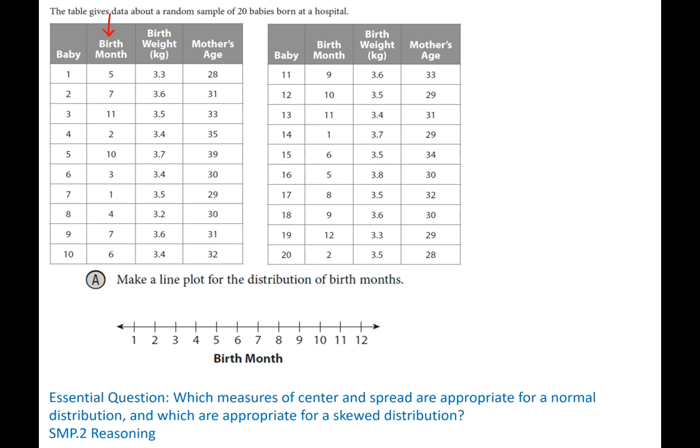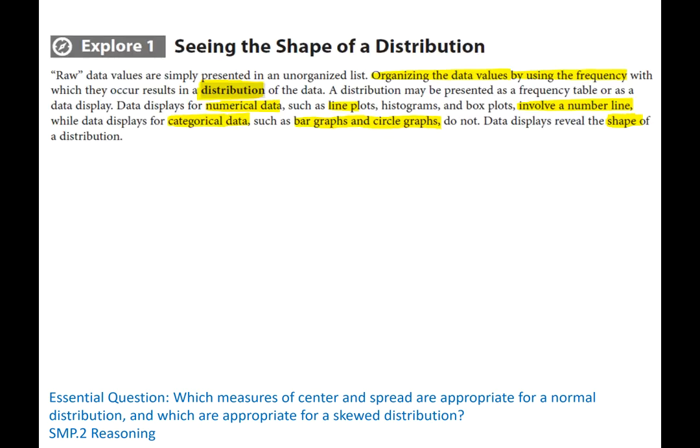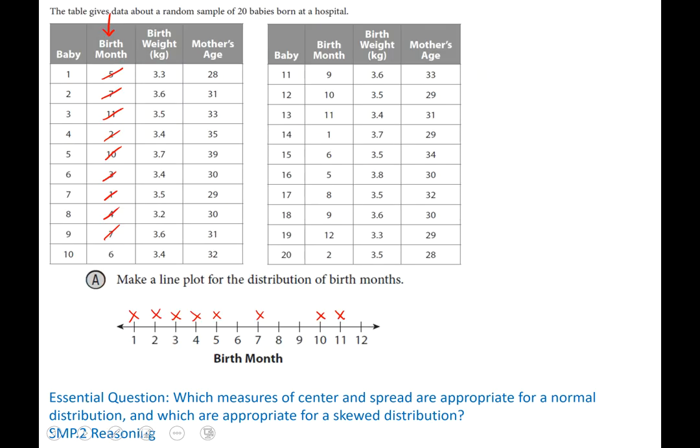Here's how we do that. We take the first one, which is 5, and I write a little X above the 5. Then the same thing for the 7, for the 11. You guys can do this with me on your paper. With the 2, now I have 10 and 3, 1, 4, and then I run into 7, which I've already marked once. So I'm just going to stack another X. This is my way of saying there's been more than one.